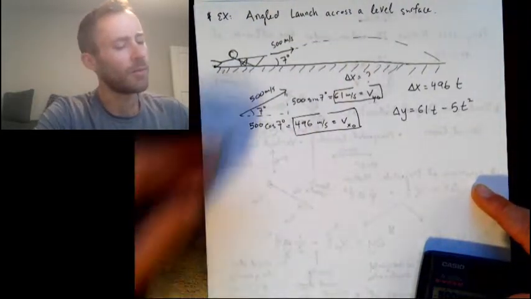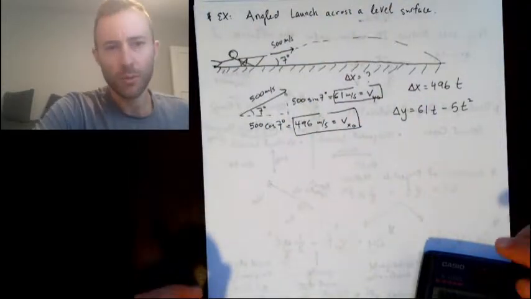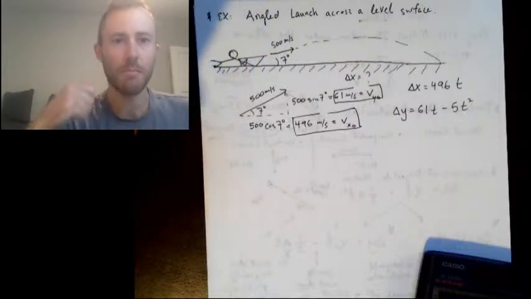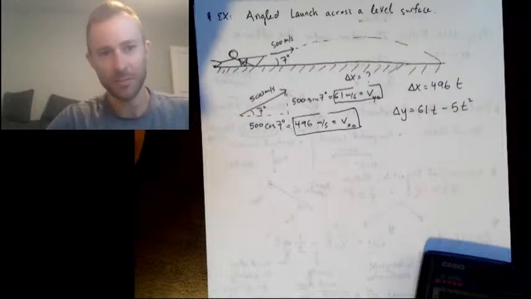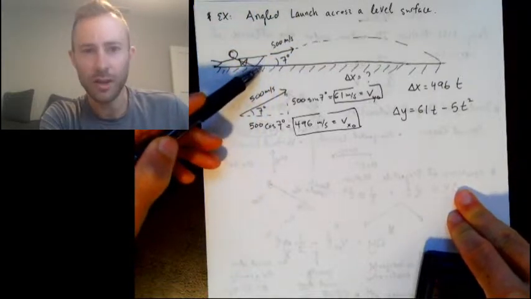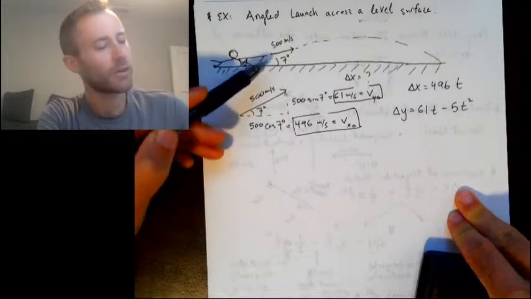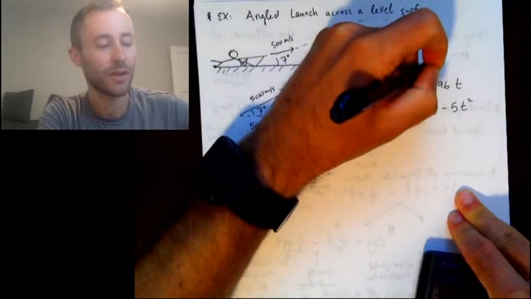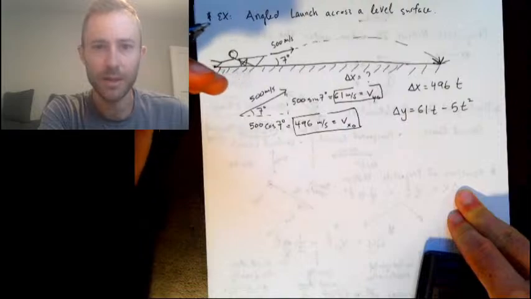So, what does it mean when the projectile hits the ground? In projectile motion problems, you have to come up with some mathematical statement of what it means when the problem is done. If we think about this problem, the projectile starts out at ground level, goes up in the air, and returns to ground level when it hits the ground. So the starting elevation is the same as the ending elevation.